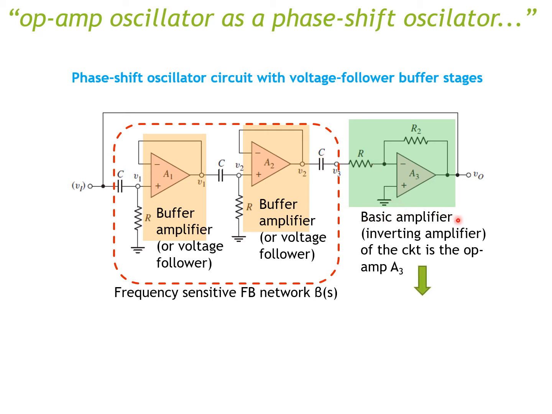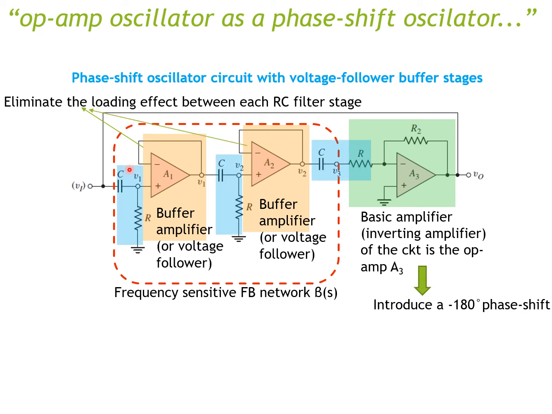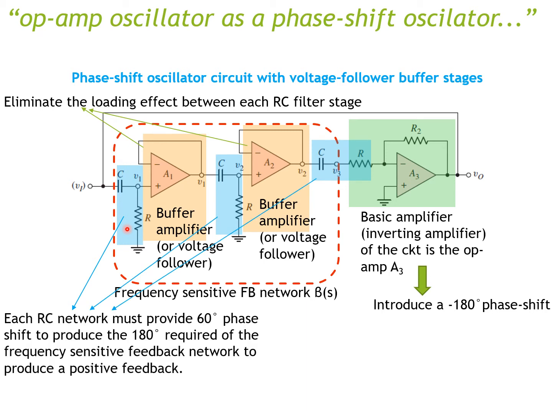So this basic amplifier, the inverting amplifier, will introduce the first negative 180-degree phase shift into the system. Your buffer amplifier eliminates the loading effect, and then your three RC networks here.